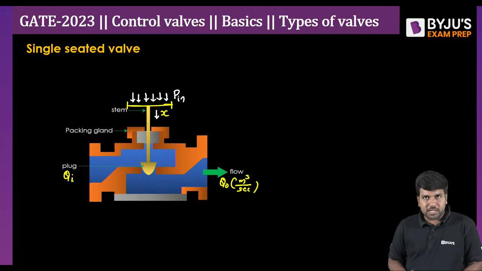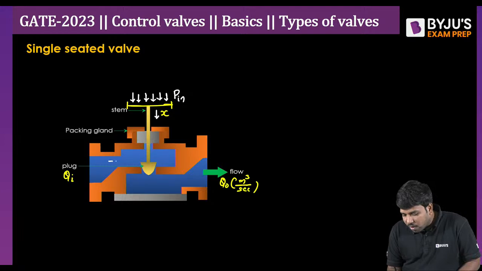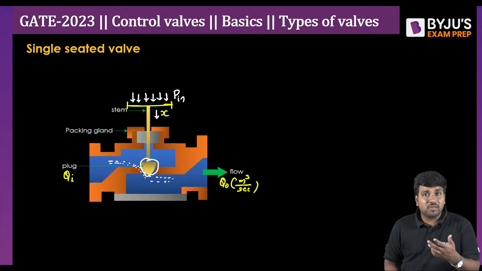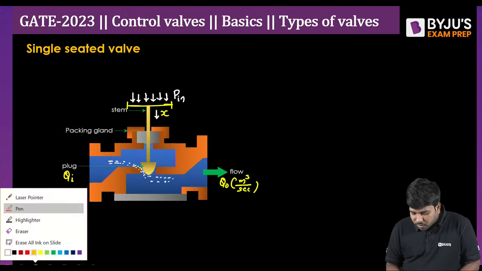Just imagine a situation when we have a single plug here. What happens here? The fluid all the way comes up like this. Let us consider that these are the fluid particles, and unfortunately they cannot go straight like this, right? So naturally, what happens at the obstruction, look at that, at the valve plug, as there is a sudden obstruction here, some amount of the liquid will try to come back into the same channel.